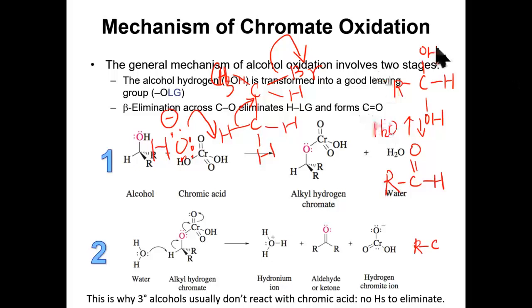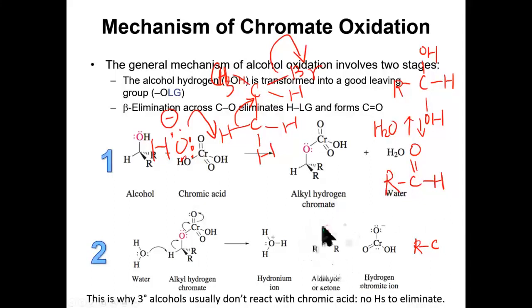And then this diol can further react with another molecule of chromic acid, and more importantly form the chromate, which still has one hydrogen on the carbon connected to oxygen. So that can further undergo the E2 elimination reaction, give you carboxylic acid.